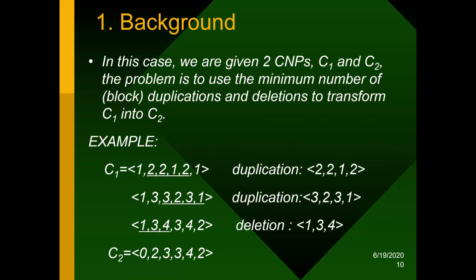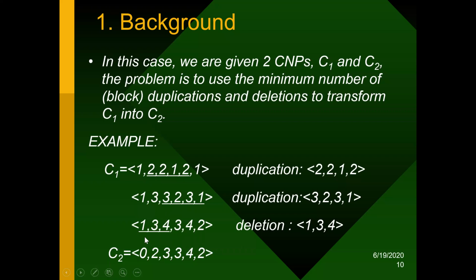For instance, in this case, you would need 2 duplications and 1 deletion to convert C1, which is 1, 2, 2, 1, 2, 1, to C2, which is 0, 2, 3, 3, 4, 2. The first duplication takes 2, 2, 1, 2 and increases it to 3, 3, 2, 3. The second duplication takes this one and increases it to 4, 3, 4, 2.